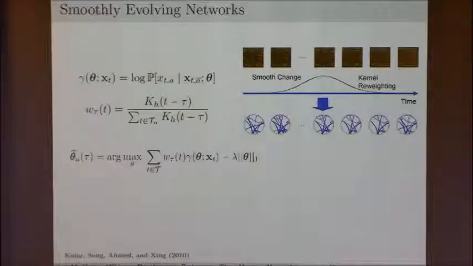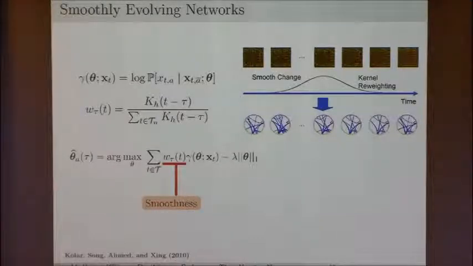Okay? And so just to give you an illustration of how this works, recall we have a log of conditional likelihood. We have a weight that decreases as we move away from the time point tau at which we would like to infer the network. And then we are solving the following optimization problem at each time point tau at which we would like to infer the network.